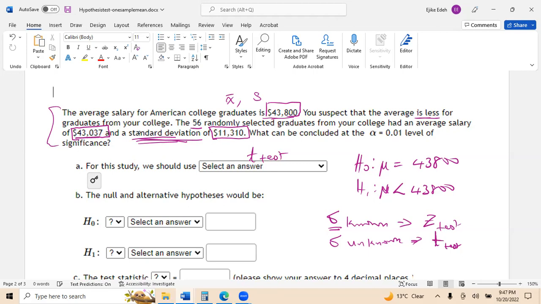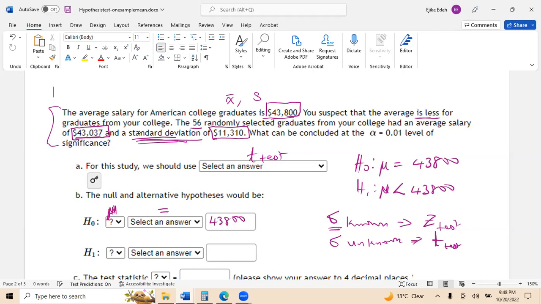For question B, it says the null and alternative hypothesis. I already explained that over here, so we can put them in. The null will always have the equality sign, so the mean is equal to 43,800. Remember, what goes in here is the population mean, not the sample mean.